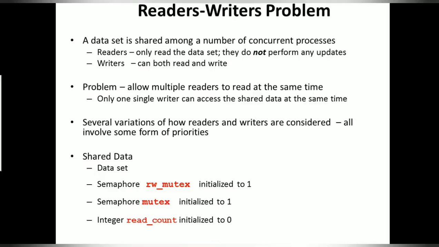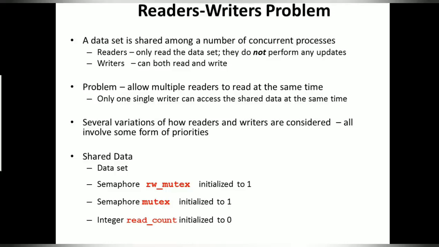We cannot allow more than one writer process on the shared data at the same time, because the writer process is manipulating the data. If we allow more than one process to manipulate the data at the same time, we may again end up with data inconsistency issues. Now let us see the semaphore solution for the reader-writer problem.